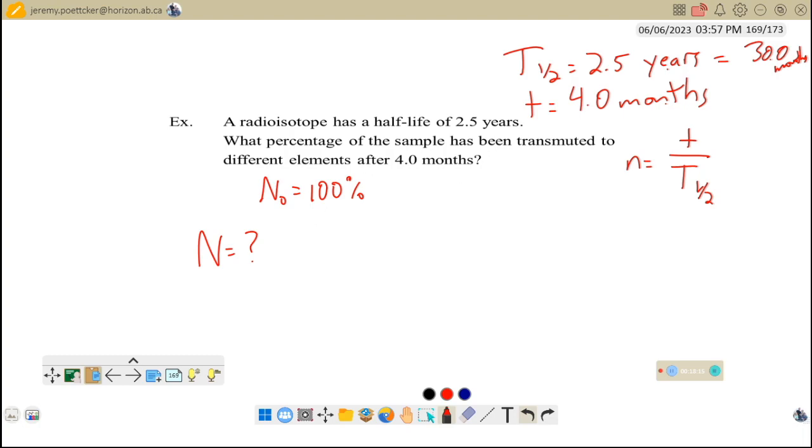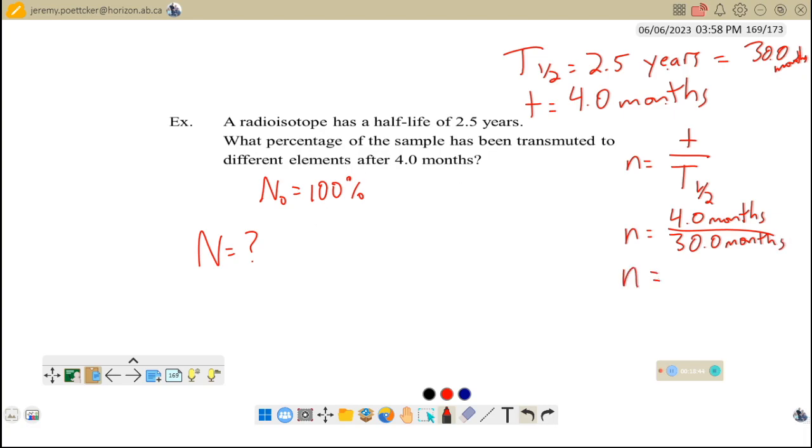This should make sense that it's not one complete half-life, right? The half-life is 2.5 years. We've only been at this for 4 months. So n is going to be equal to, time of the experiment is 4.0 months. Not to be confused with 40 months, which I keep wanting to write because I see a 4 and a 0. And then divide that by the half-life of 30 months.